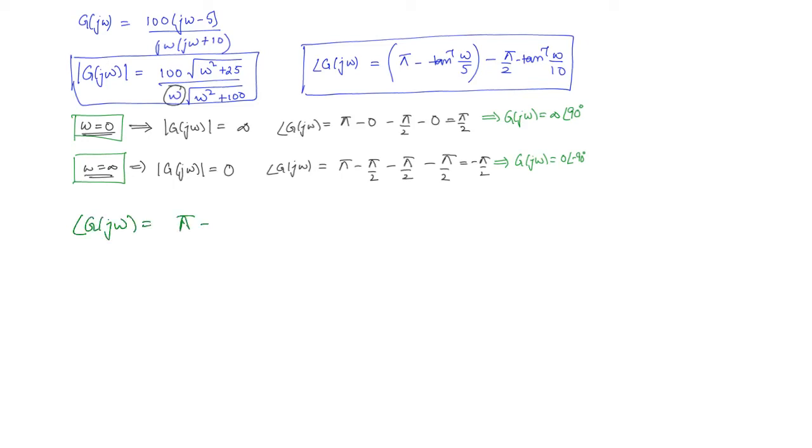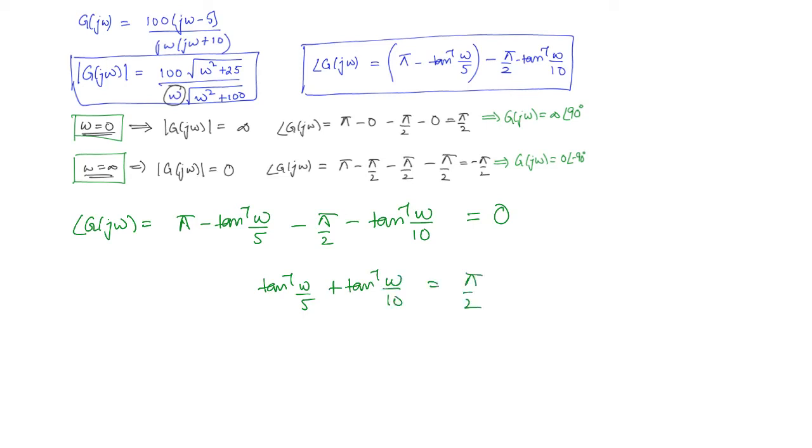Let us say we take the phase, angle g of j omega, equal to pi minus tan inverse omega by 5 minus pi by 2 minus tan inverse omega by 10. Now, let us find the frequency at which the angle becomes 0 degrees, that is the frequency at which the plot will intersect the real axis, because when the plot intersects the real axis, the phase is 0. So tan inverse omega by 5 plus tan inverse omega by 10 is equal to pi by 2.